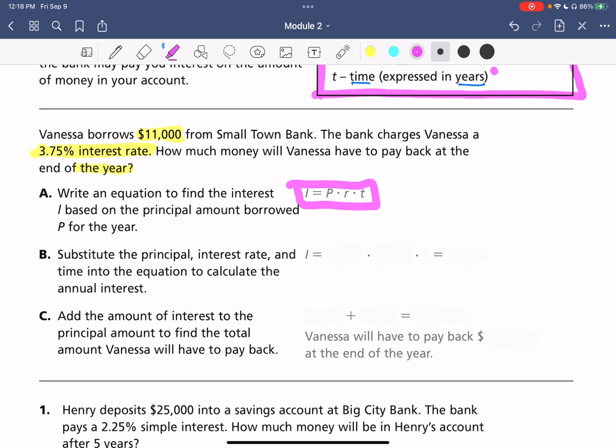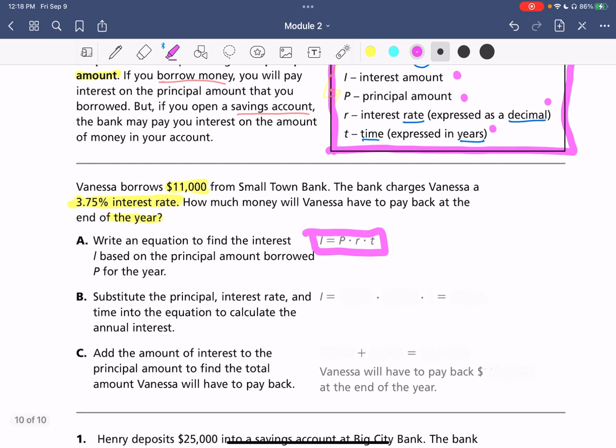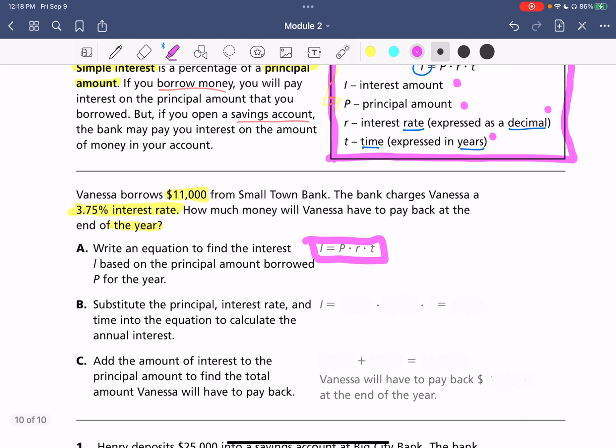And then what would be our rate? And then what would be our time? So write that on your paper. I equals PRT. Substitute in for what you think will go in between these dots. Pause the video if you need to, and then just play it when you're good to go.